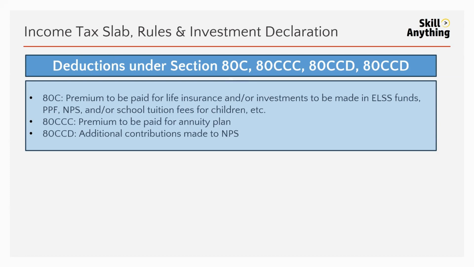If you invest in NPS or PPF, you can provide proof of PPF or NPS. If you have paid premium for an annuity plan, you can provide that. If you made an additional contribution to NPS, you can provide the NPS certificate and take an investment declaration under Section 80.